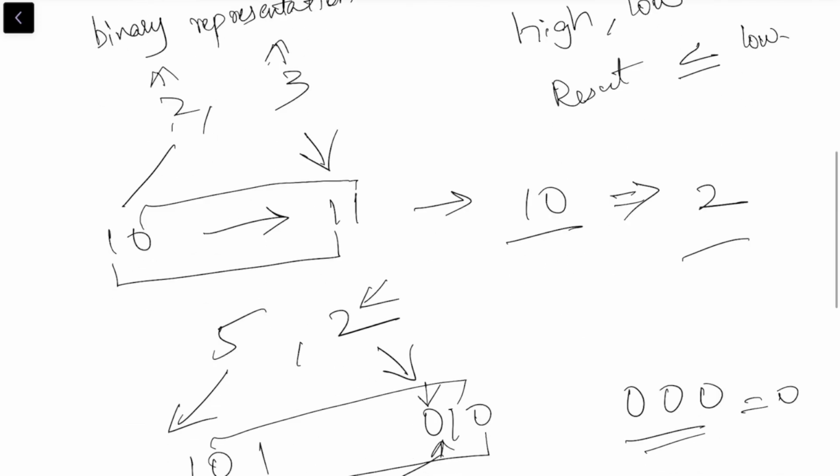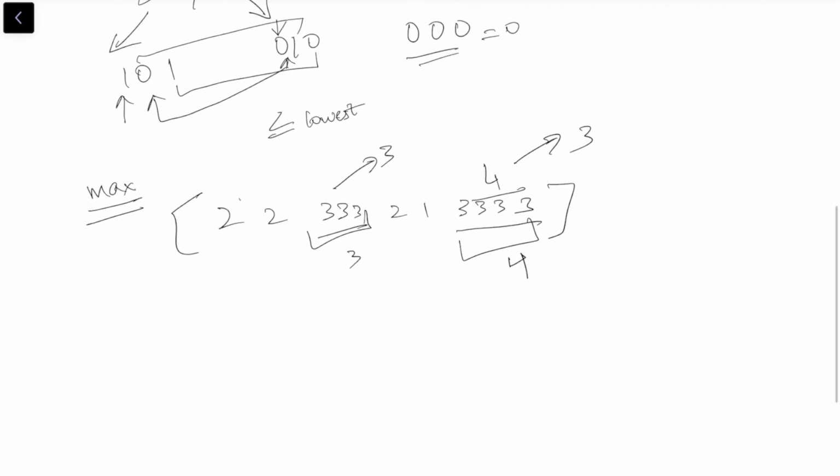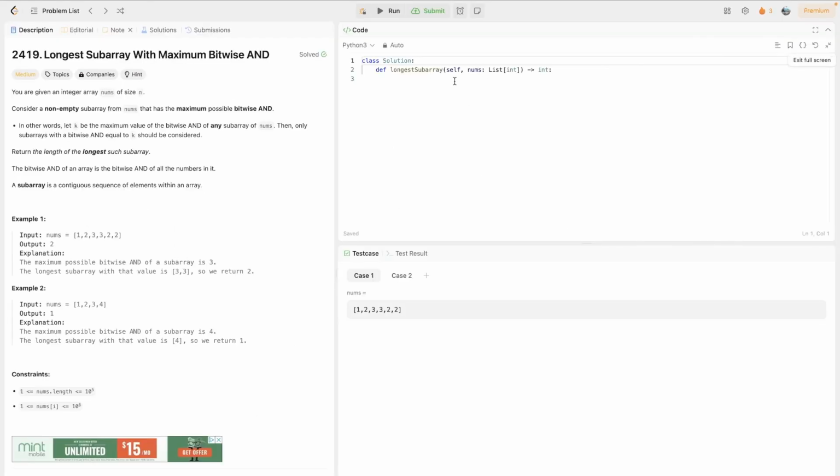Now we'll see the code. I'll find the max element, which is max of nums. Now I'll put a result variable. Let's suppose the result is 0, and I'll have a temp variable to count the length of the subarray.